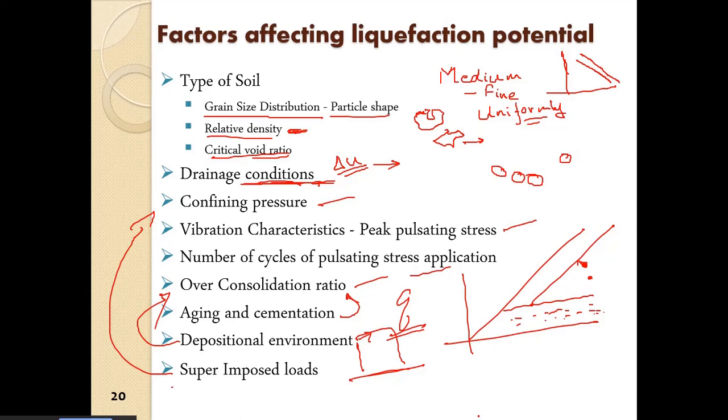There are more chances, it is more susceptible to liquefaction. So superimposed loads can act in both ways. If the confining pressures are increased due to the superimposed loads, it will go in this direction, so the chances of liquefaction will be reduced. So these are the criteria for liquefaction.